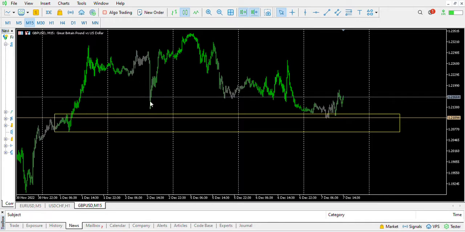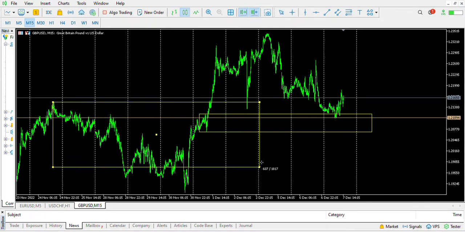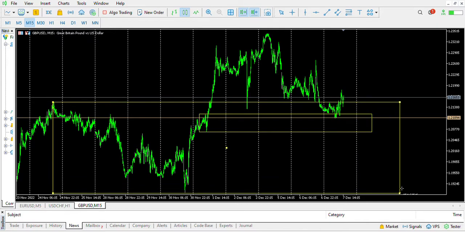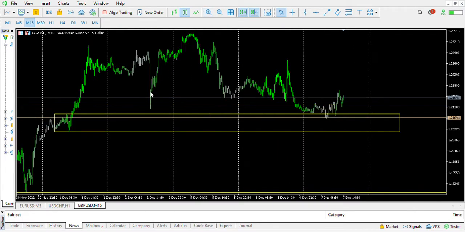Initially on a higher time frame here, that demand would be from this point here to that swing low here. The reason I draw that out is because, I'll show you again, initially it did enter that first demand and got pushed up again, right?